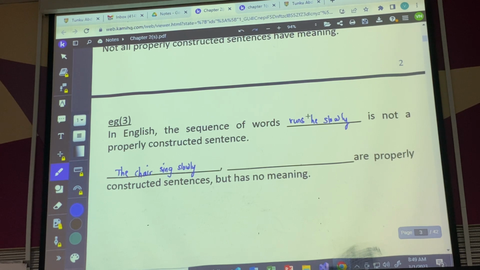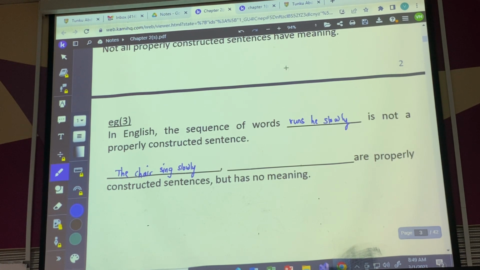Is the grammar correct? Is the syntax correct? The chair sings slowly. Correct, right? The chair is a noun followed by the verb and the adverb. Right? So the chair sings slowly.